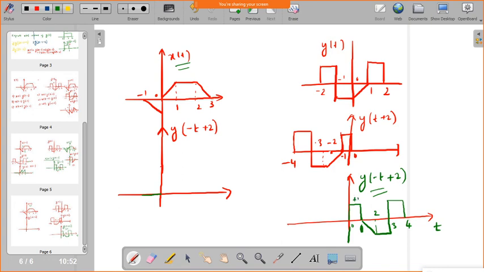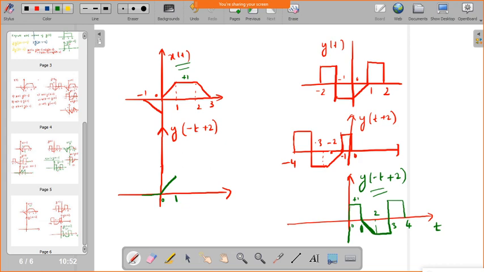So plus 1 into plus t gives the same ramp signal from 0 to 1. Now from 1 to 2, what will happen? From 1 to 2 it is giving the ramp signal which is decaying. Here it is plus 1, so plus 1 multiplied by this decaying ramp.